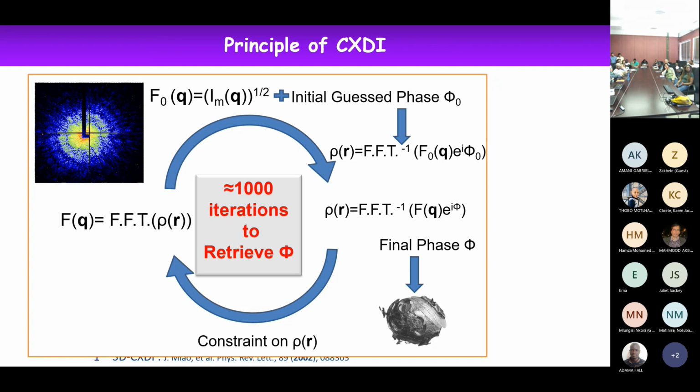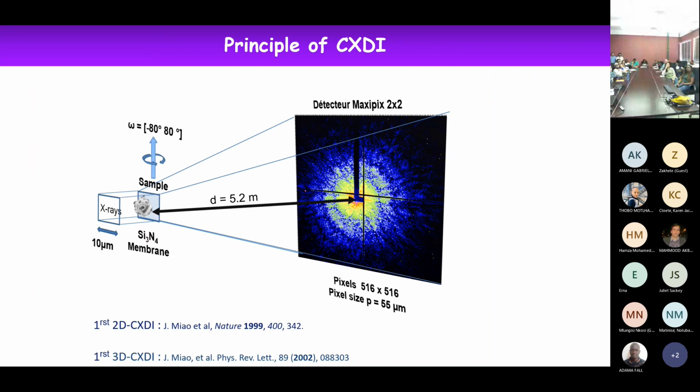And how do we analyze this? Well, I forgot to say that we do that as a function of the rotation of the membrane. So it means that at each angle that we rotate, we will get a 2D pattern like this. And this is the basics of what we call tomography.